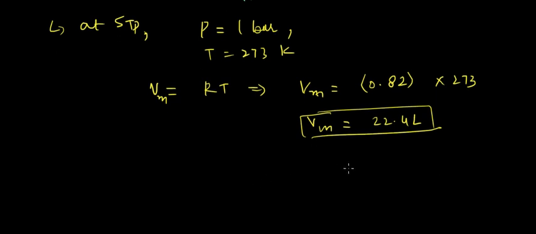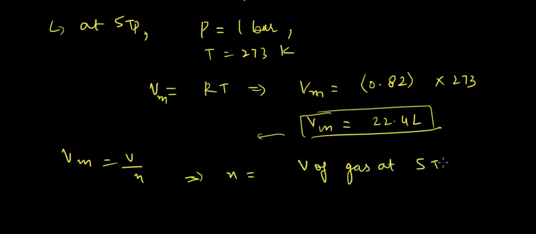And how will you calculate the number of moles if you are given the volume? We know that Vm equals volume divided by number of moles. Hence the number of moles would be the volume of gas at STP divided by 22.4.